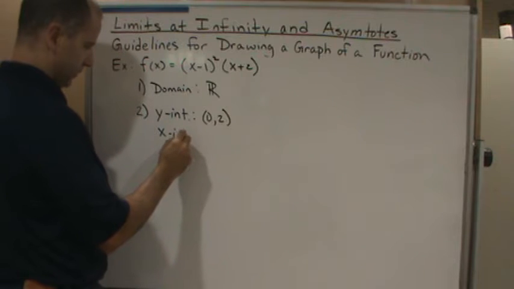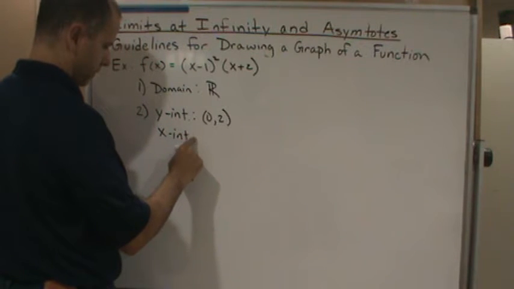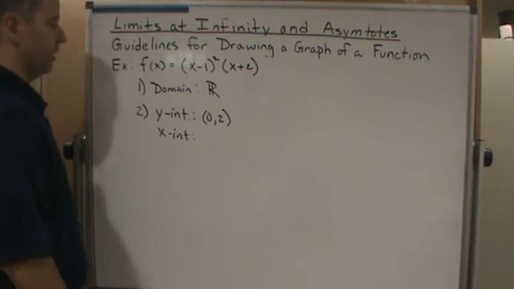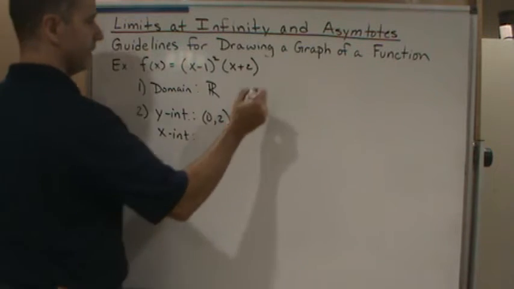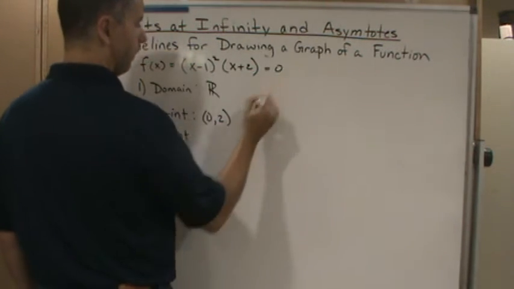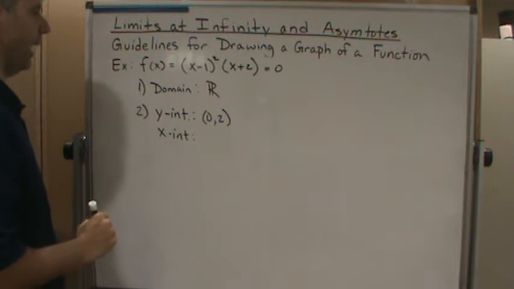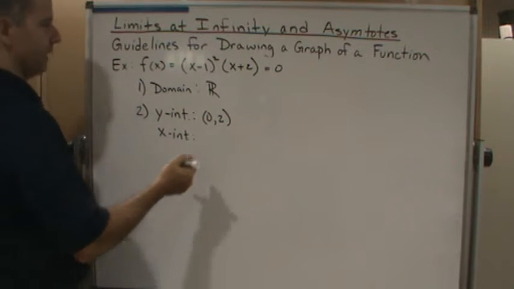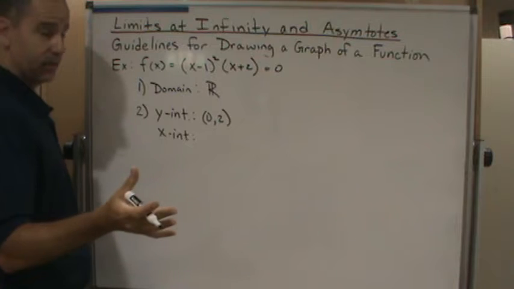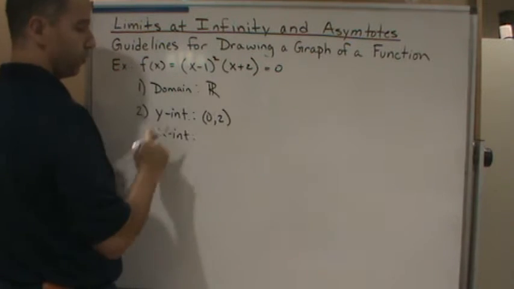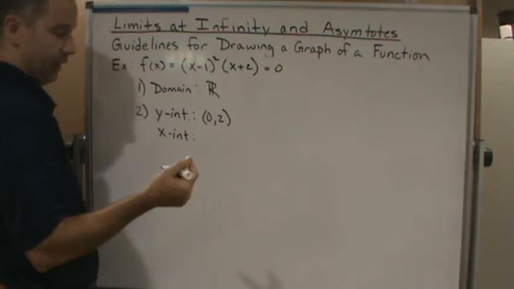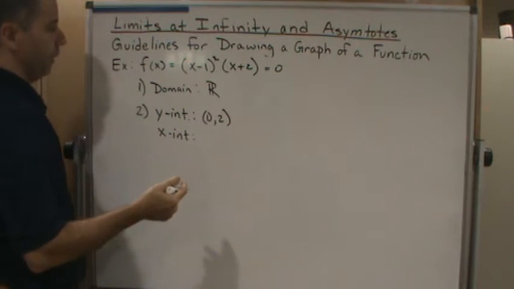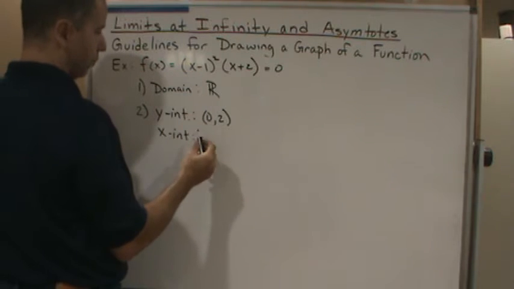And the x-intercept is where y is equal to 0. So we set the function equal to 0, and we solve for x. Now here, because it's factored, it's easier because all you have to do is use the zero product principle and say at least one of the factors has to be 0.